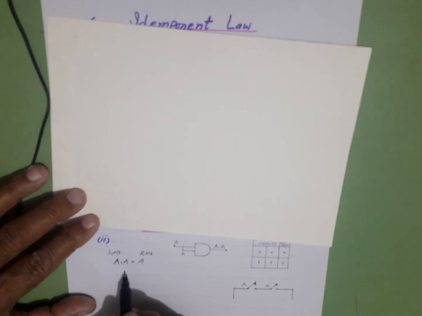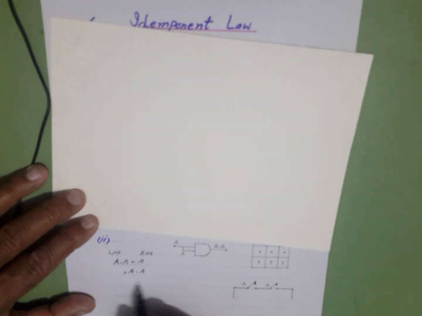Left hand side is A into A. This can be written as A dot A plus 0.